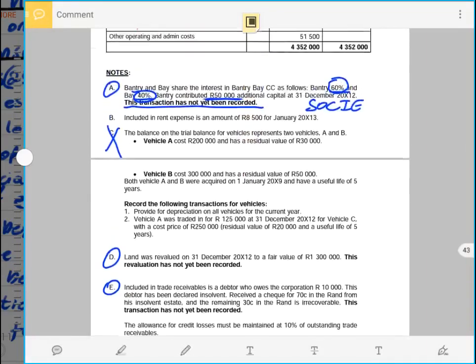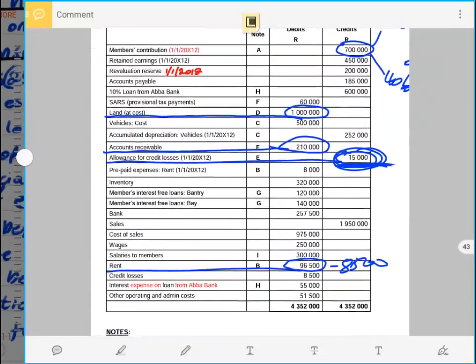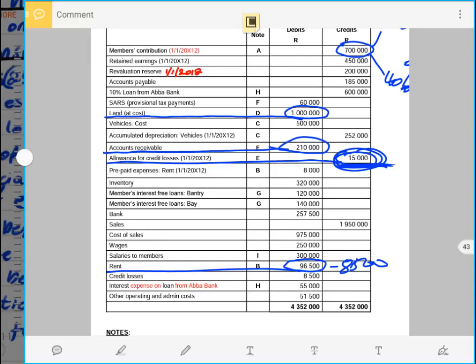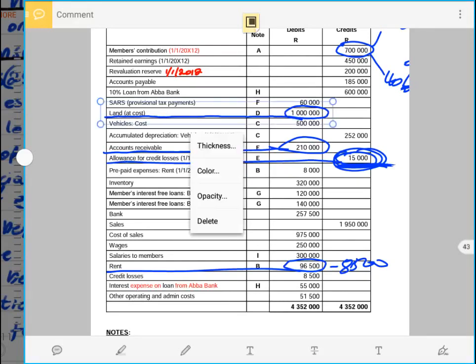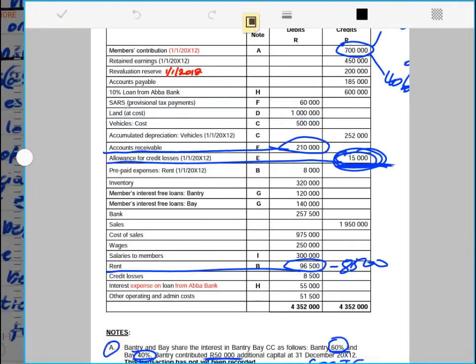But in the trial balance, there was already a provisional tax payment. That means a payment of tax that was made before the end of the year. And that SARS provisional tax payment was 60,000 rands. So this was already paid.